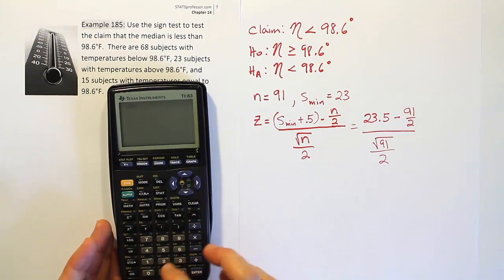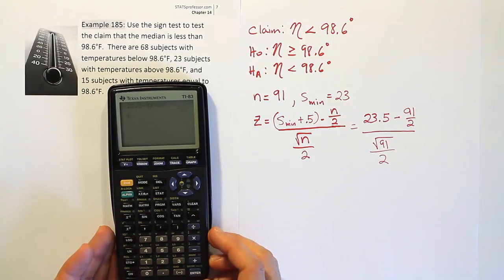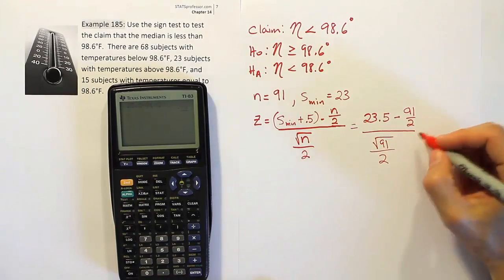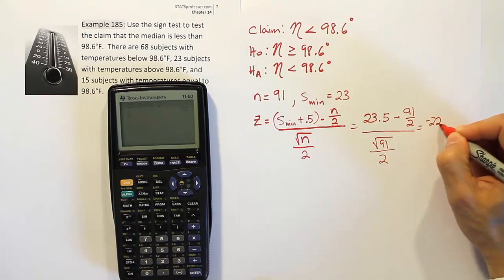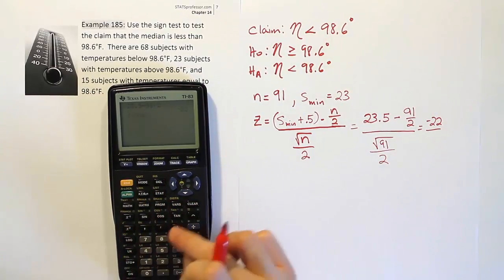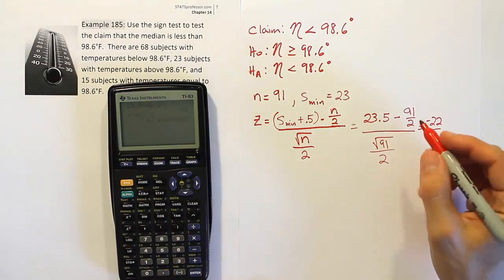We'll say 23.5 minus 91 divided by 2, and when you're done, you get negative 22 on top. And then from there, you'll be dividing by the square root of 91 divided by 2, and you'll get 4.769, etc.